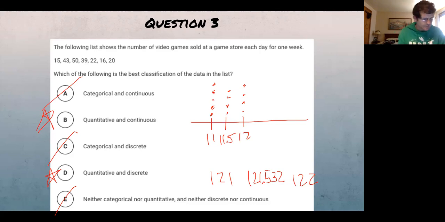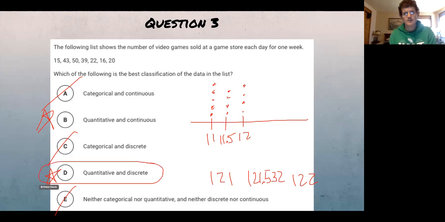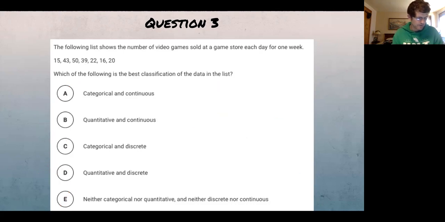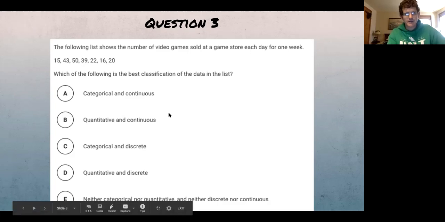So in this case, we would call this quantitative and discrete. All right, are there questions on this? Since that's a new thing I threw out there. Okay. Again, not the most complex idea, but it is just some more vocabulary you need to remember.